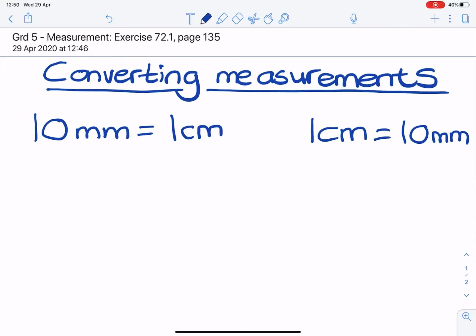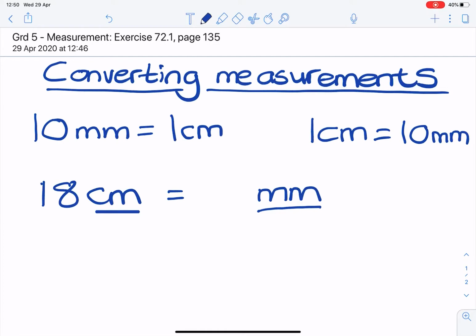Now the first example says, convert 18 centimeters into millimeters. How do we go about this? Well, if we look at the clue, we are going from centimeters to millimeters. So we're going to look at this clue here because it goes from centimeters to millimeters. And you will notice that the 1 has become a 10.